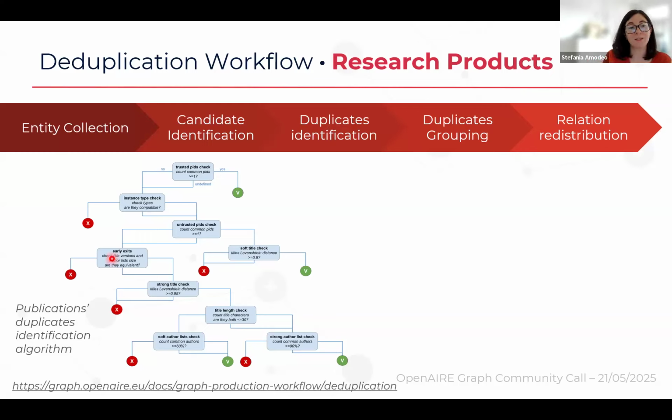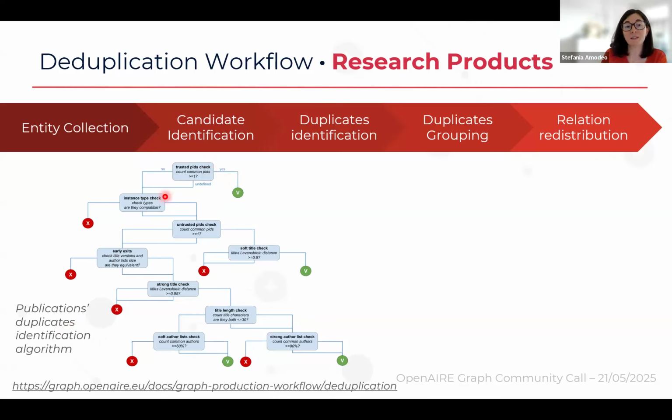For example, in the case of the publication, the decision tree starts with the persistent identifiers. So for two records that are identified as candidates, we compare the persistent identifiers. If they already have one persistent identifier in common, then they are for sure duplicates.